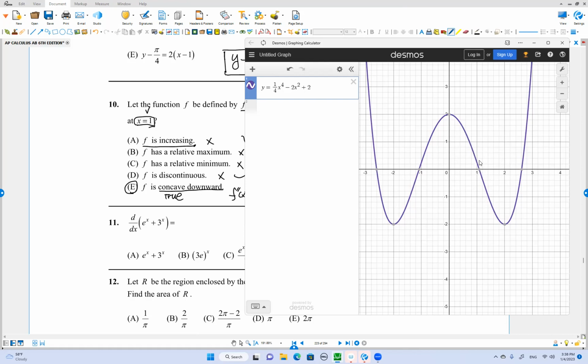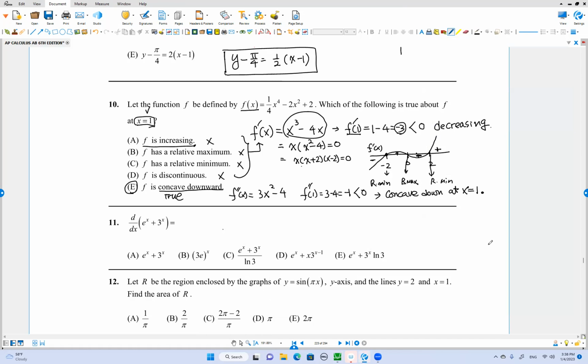This is concave down over here. This is concave up over here, but some over here is still concave down up to here. Okay, this is the graph, right? So after 0 over here, that is concave up, right? From here, that is concave up. Do you understand this one? Yeah.